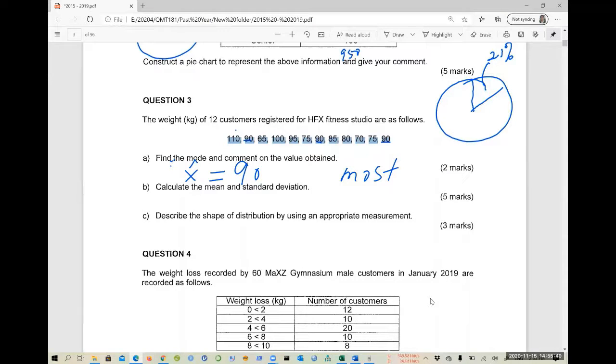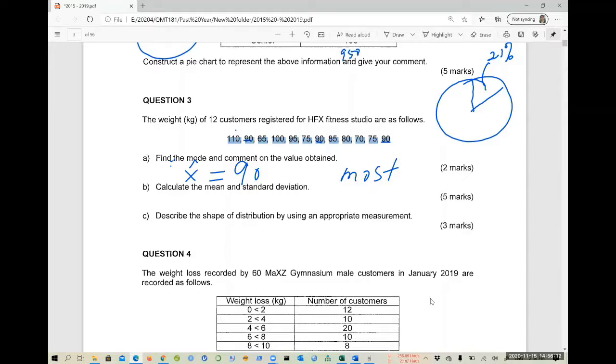Okay. So the next thing that you are asked is to find the shape or describe the shape of the distribution using appropriate measurement. So in this case, you can use the Pearson measures of skewness, because it's already given here. You already know the value of the mean, the standard deviation, and also you know the value of the mode, right? So that means you can use the Pearson measures of skewness.